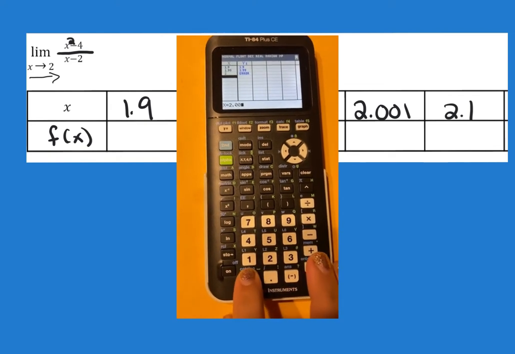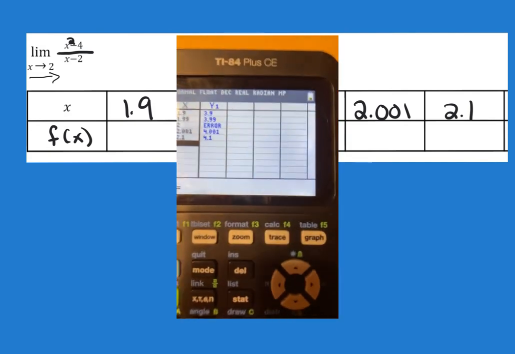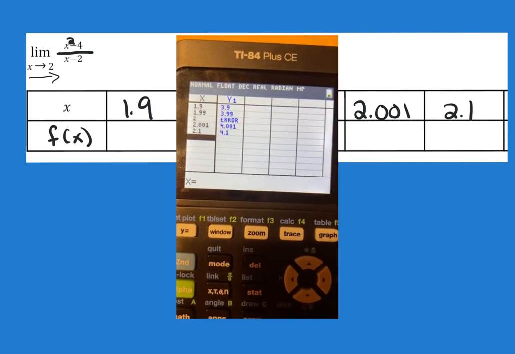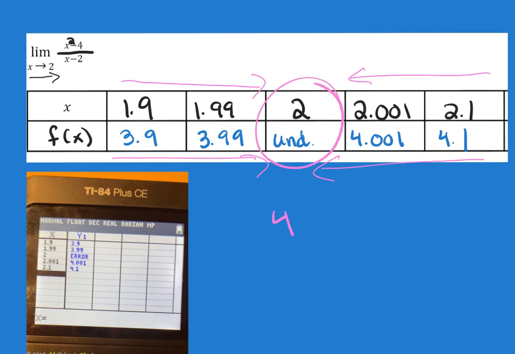That's okay though. I get an error for 2, because that would give me 0 in the denominator. So let's write these down. All right, so as x approaches 2 from both sides, y is approaching 4. And just once again, undefined at 2, because 2 minus 2 is 0 in the denominator, which can't happen.